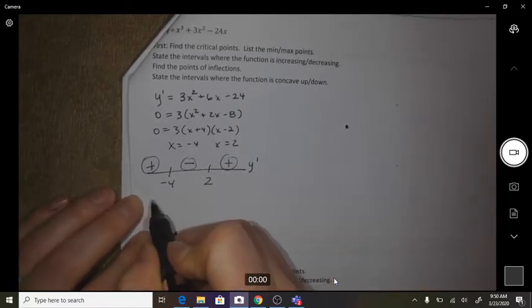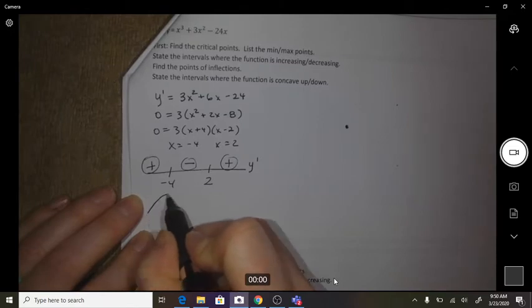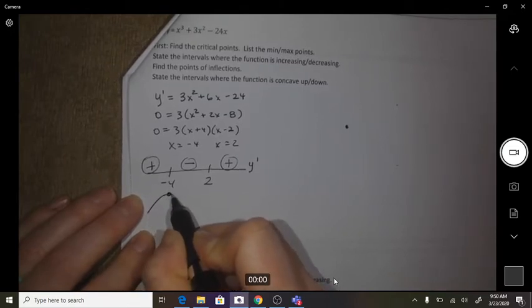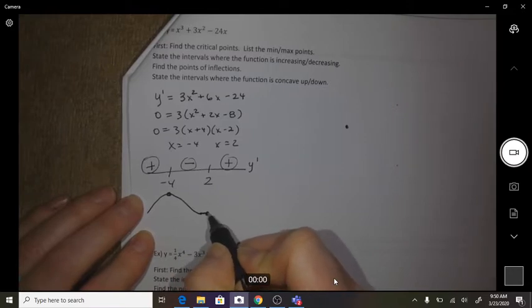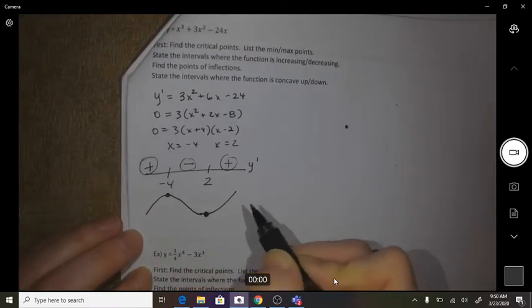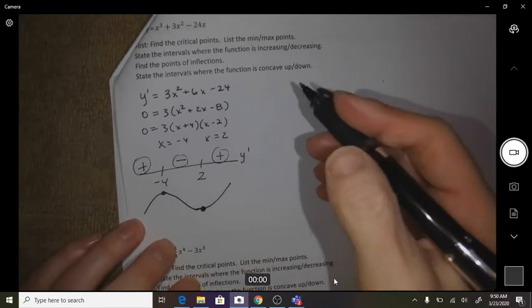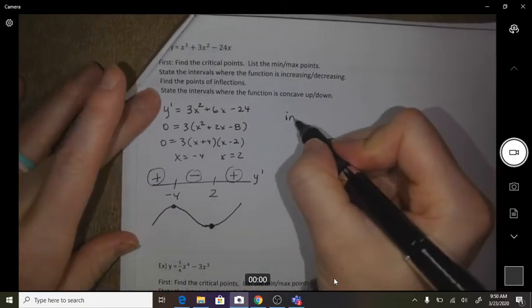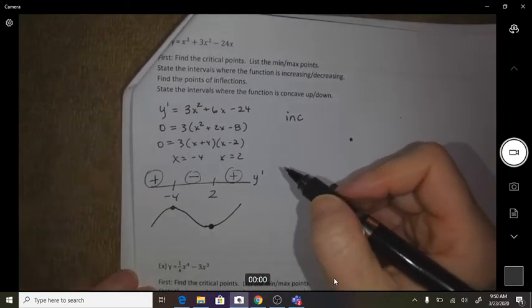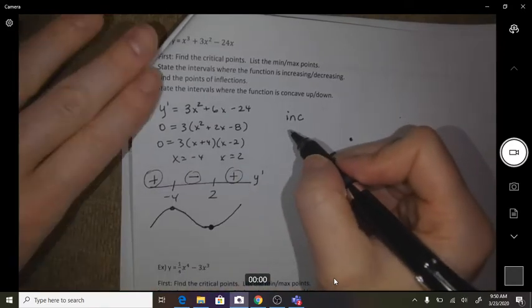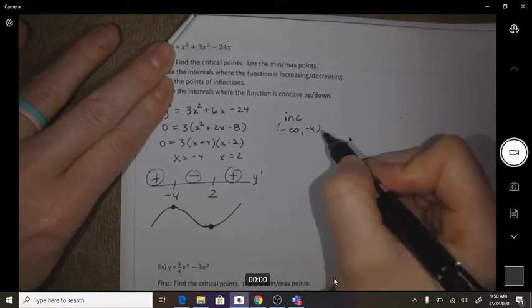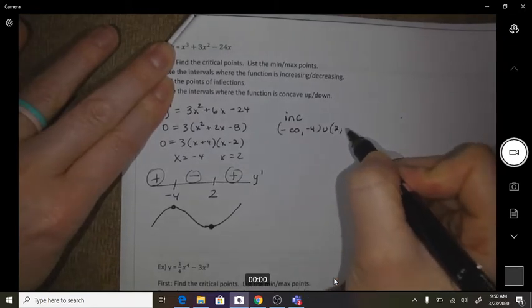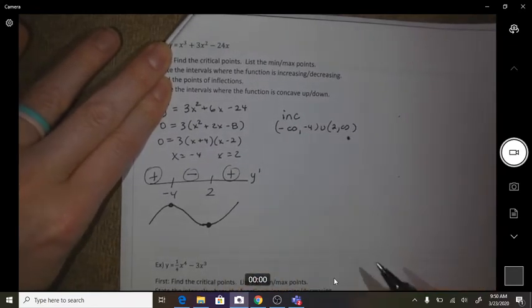So we are increasing, max, decreasing, min, back to increasing. We are increasing from -infinity to -4, and then we're going to increase again 2 to infinity.